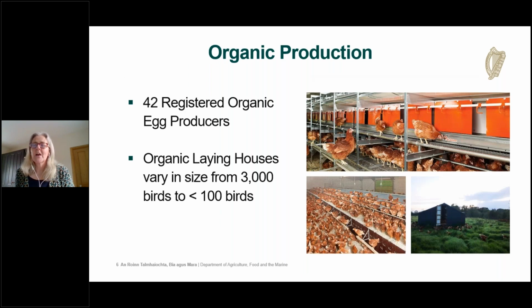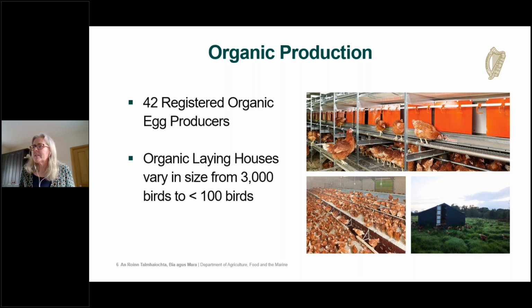Just to give some context to the audience on organic egg production levels in Ireland. Currently there are 42 registered organic egg producers. Of these 42, the laying houses vary in size from 3,000 birds, which is the max, to sometimes less than 1,000 birds.